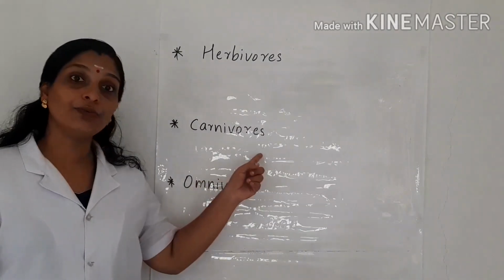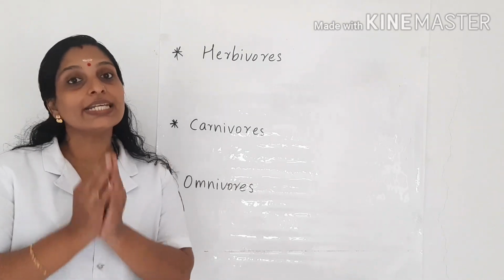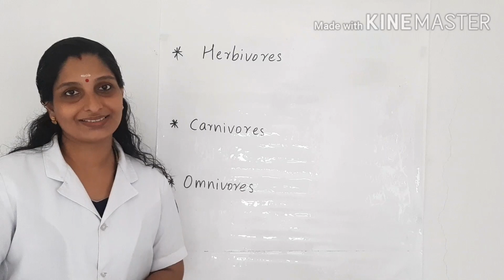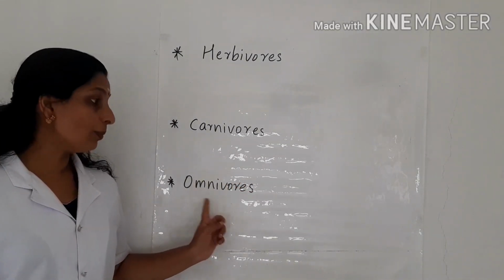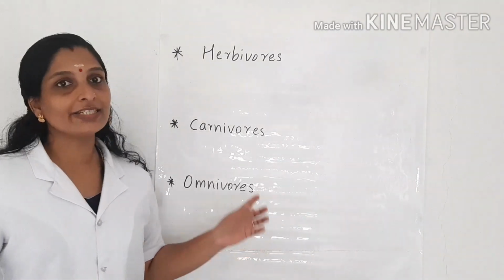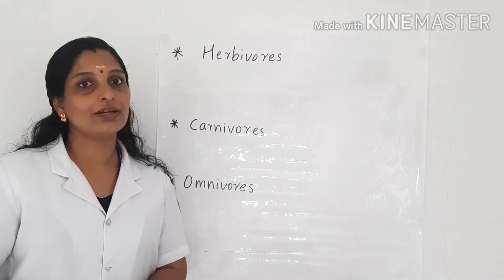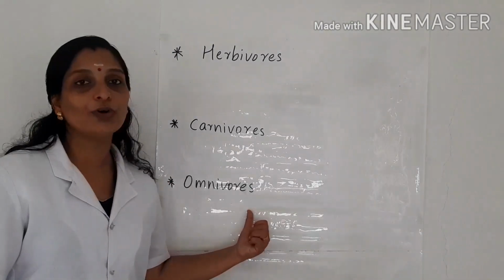Second group, carnivores. Carnivores means animals which eat only other animals and animal products. Third type is omnivores. Omnivores eat both. That means animals which eat both plants and animals are known as omnivores.